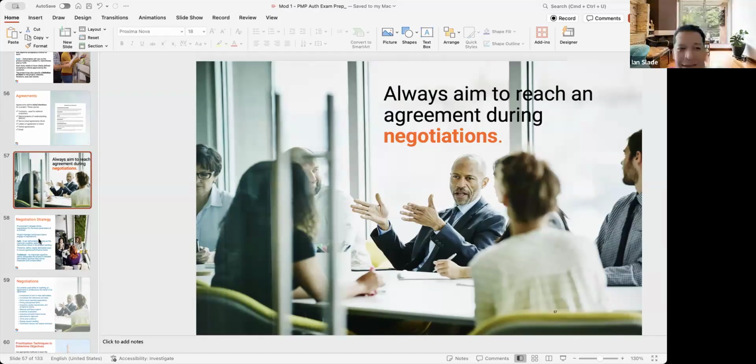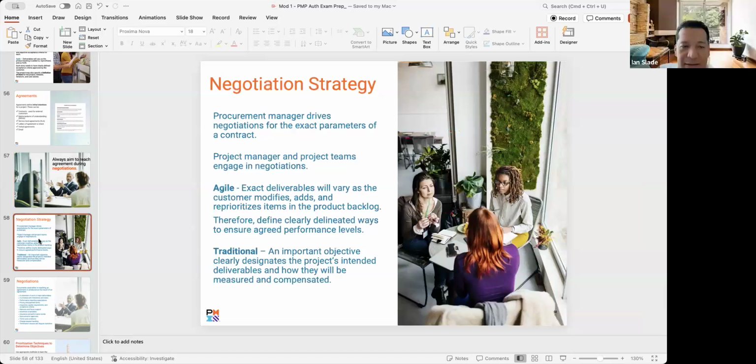Negotiation strategies. There are different strategies depending on what type of methodology we're using, but suffice it to say there are some commonalities or universalities when you're negotiating, whether it's agile, that's fast paced, or traditional, where it's start-finish relationships. And that's clearly figuring out the performance. What is it that we expect for each part, each section?